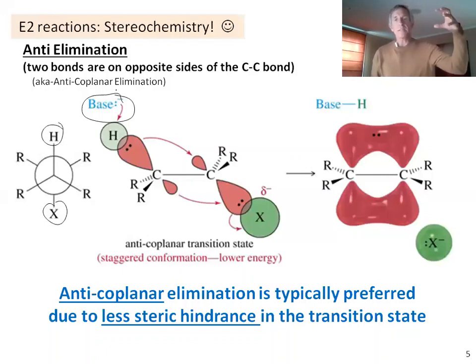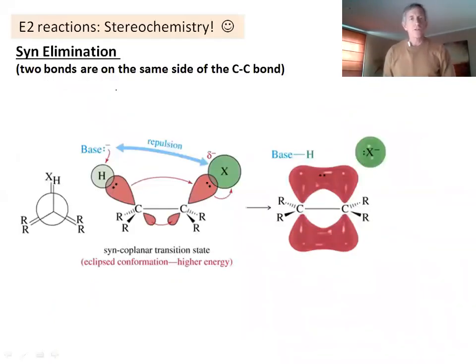So the base and the leaving group are very far apart from each other. No steric hindrance. As we'll see in the next slide, that could be a problem if we don't do them anti. So what happens if they're not anti?